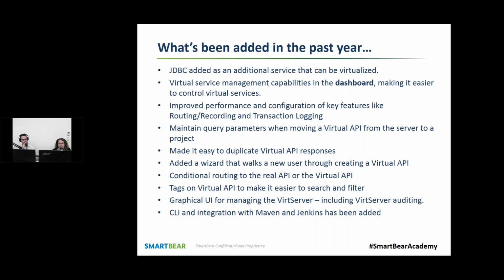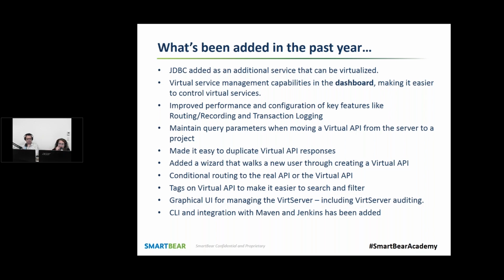We've added a lot of functionality, and we talked about JDBC virtualization, so you can virtualize databases. We have added virtual service management capabilities in the dashboard, which we added in 2.0, and it gives you the ability to control the virtual services that you created really quickly and easily, see what's running, and what ports they're running on.